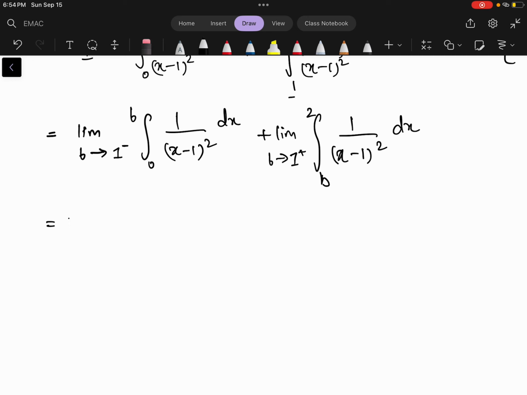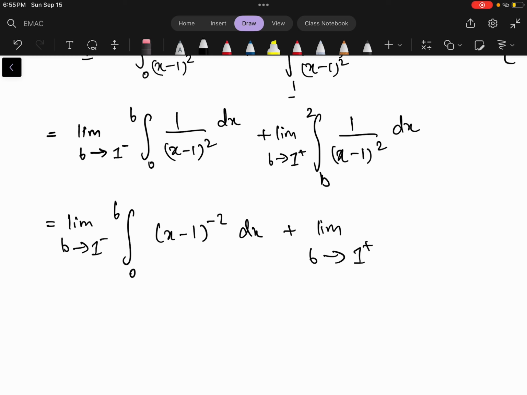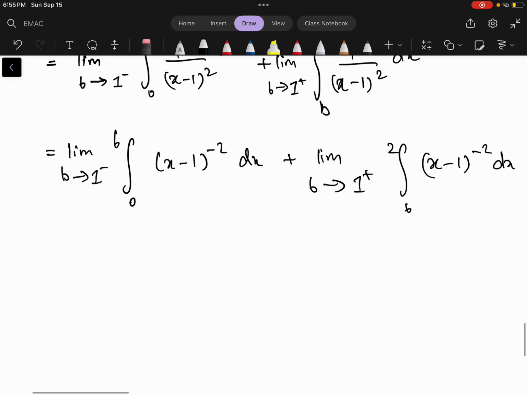Okay, so this is going to be the limit as b approaches 1 minus, and let's rewrite this first actually. The integral from 0 to b of x minus 1 raised to negative 2 dx, plus the limit as b approaches 1 plus of the integral from b to 2 of x minus 1 raised to the negative second power dx.